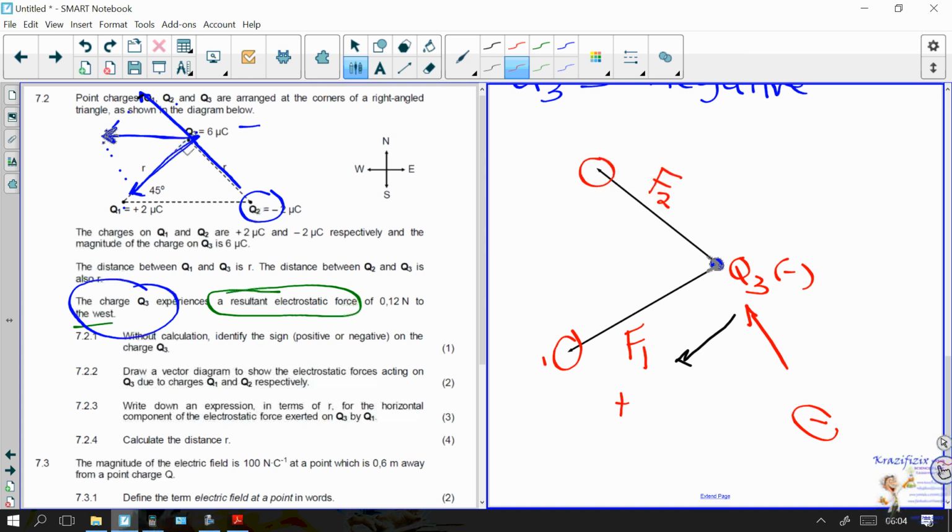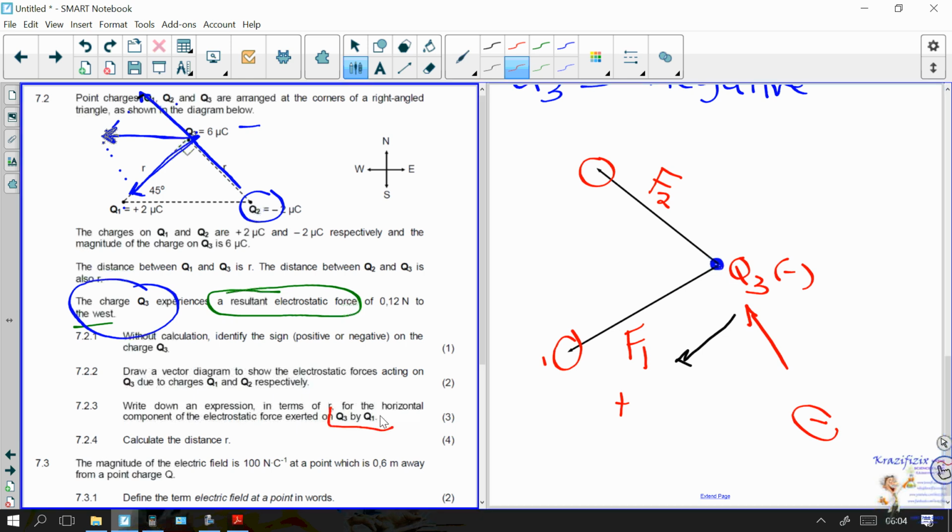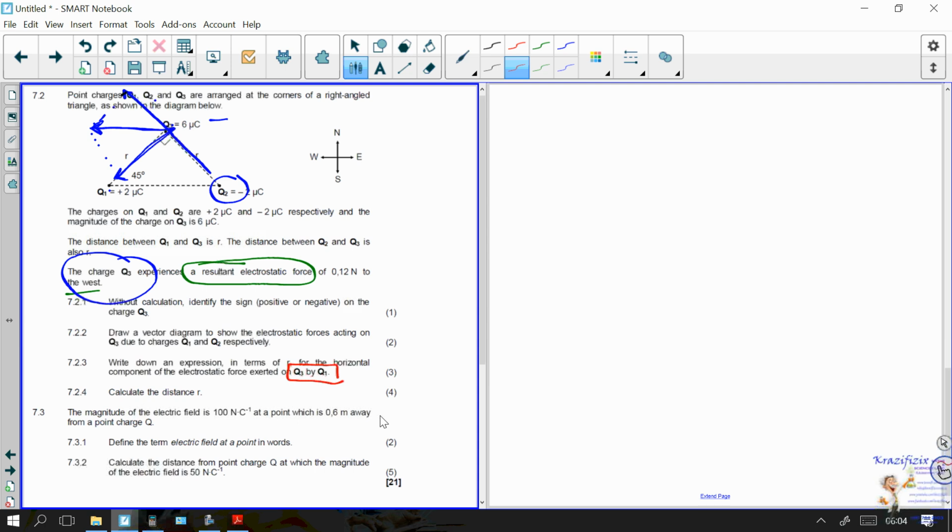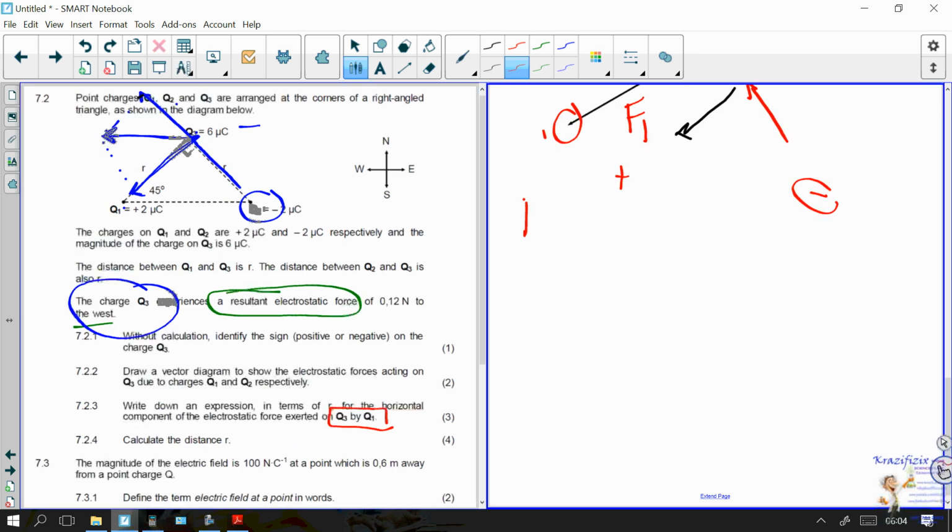All right, let's work through this now. We're looking for the force exerted on Q3 by Q1. So number one, my focus is F equals k Q1 Q3 over R squared. Is that okay? I'm going to come back to the horizontal component part.